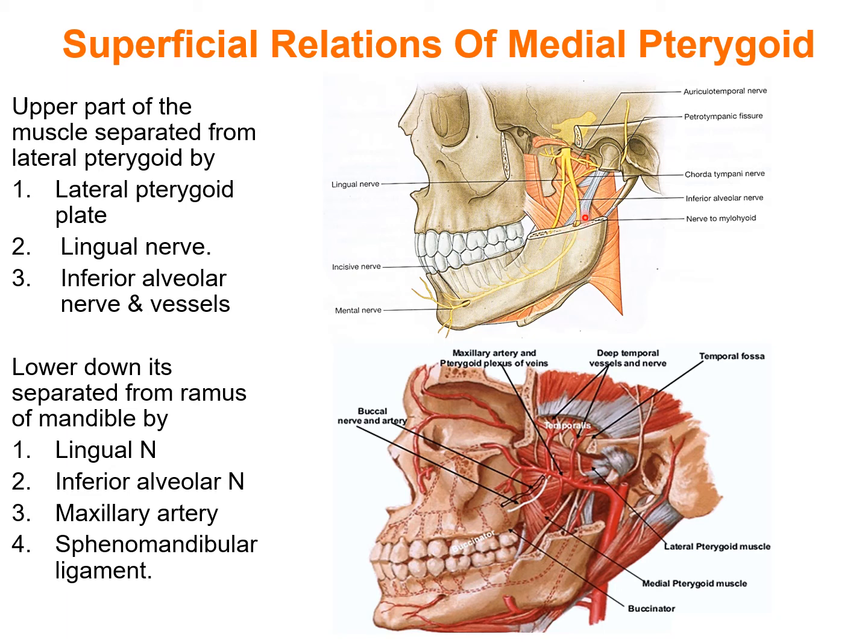Lower down, it is separated from the ramus of mandible by the lingual nerve, inferior alveolar nerve, maxillary artery and the sphenomandibular ligament. So, the structures which are superficial to medial pterygoid are the lateral pterygoid plate, the lingual nerve, inferior alveolar nerves and vessels, also maxillary artery and the sphenomandibular ligament.